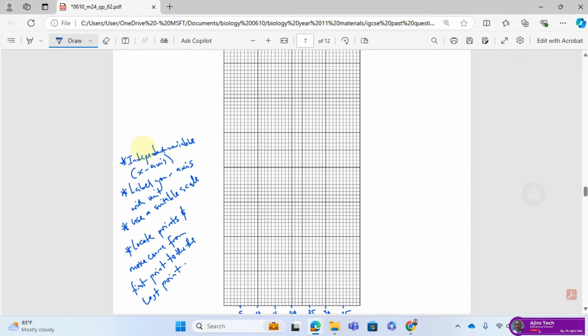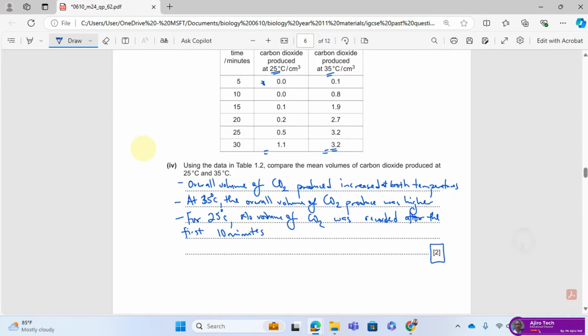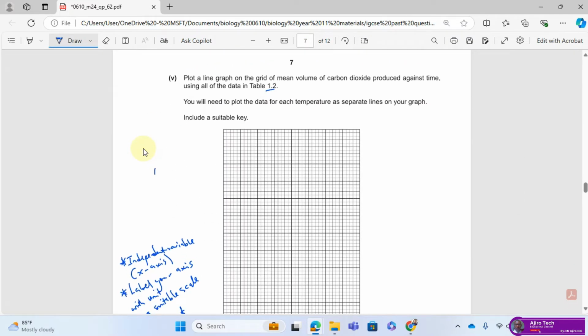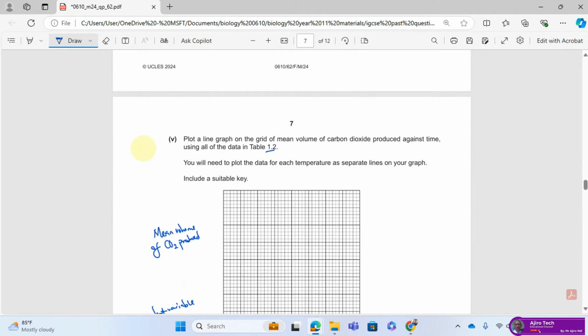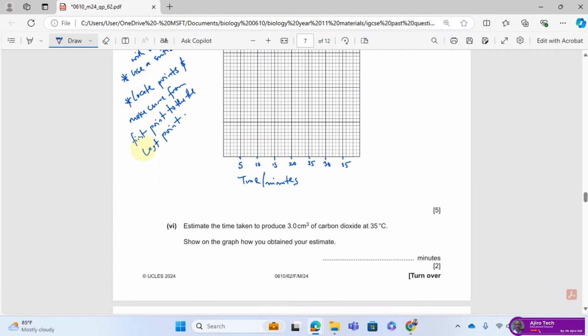And on this side, we have the mean volume of CO2 produced. Okay, what's the unit of the volume? In cm cube. So that's our label. This label alone, you have 1 mark.